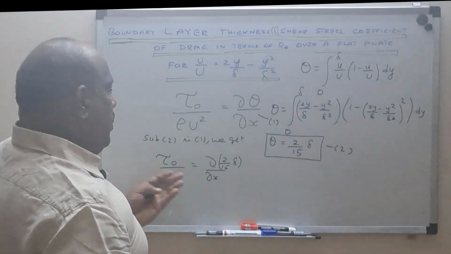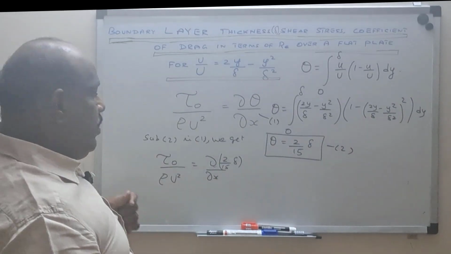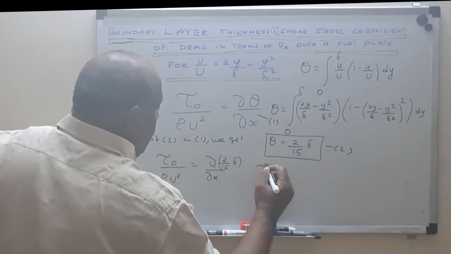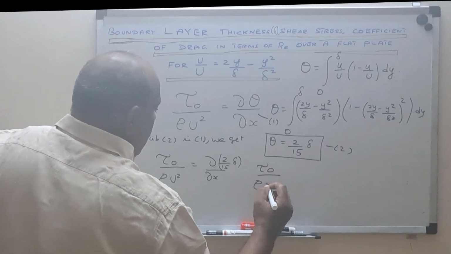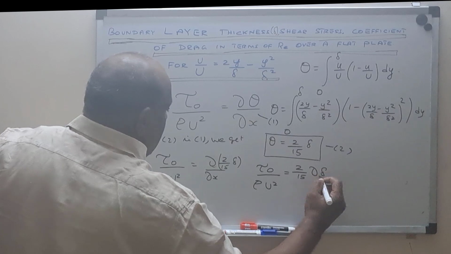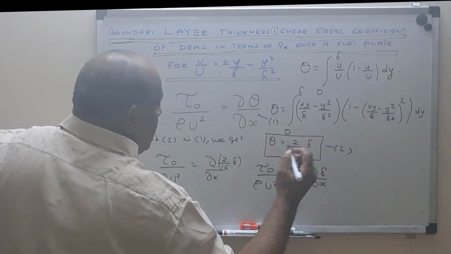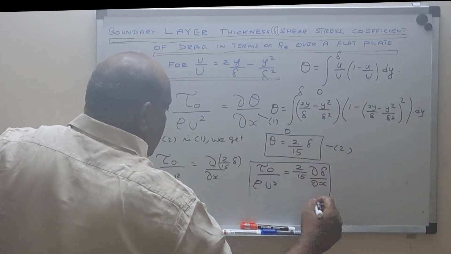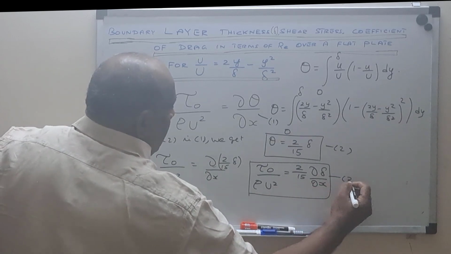So here 2 by 15 is a constant, so we can take it out of the differential operator. So tau naught by rho U squared is equal to 2 by 15 of dou delta by dou x, where delta is nothing but your boundary layer thickness. Let us have this as equation number 3.